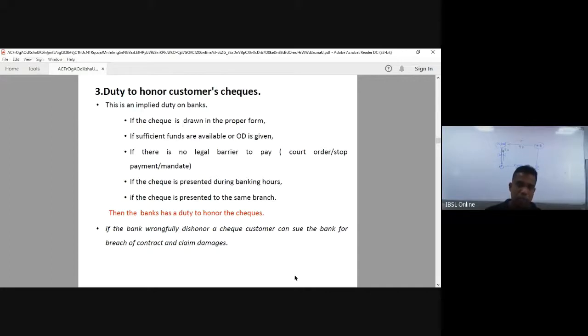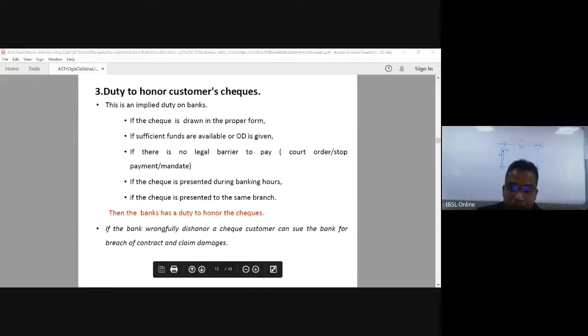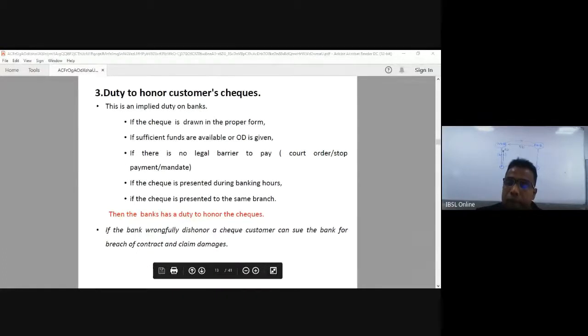The first question is whether the bank HNB has a duty to honor the check. Can someone please answer? Dilshan, can you answer? So no one wants to answer.